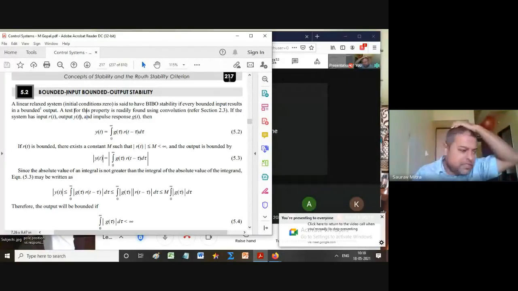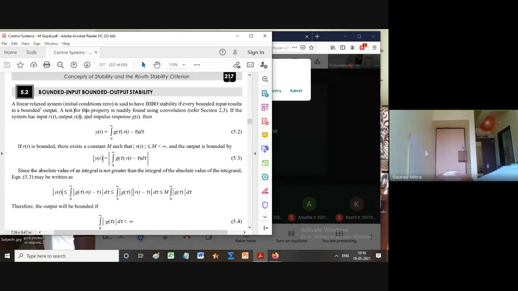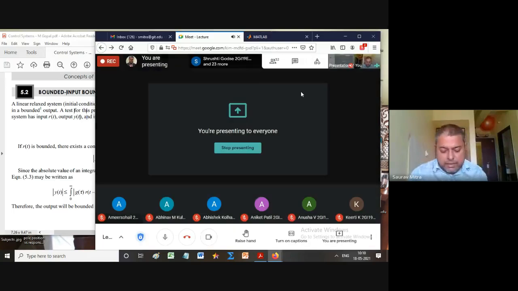So all of you first write down in your note that it is page number 217 of the book by M. Gopal. You have to go through it before you are actually finding a solution, or actually doing the write-up.